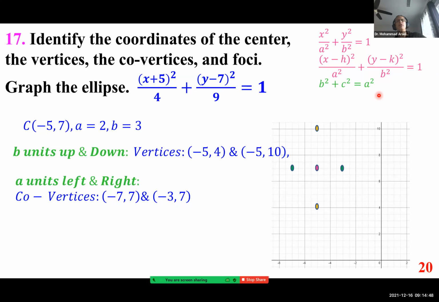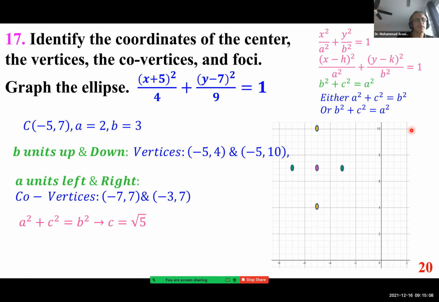Now, in this case, depending upon which one is largest, remember, it follows the Pythagorean theorem. As you can see, B is the largest. Therefore, A and B will interchange in this case. So it's important for everybody to know it follows Pythagorean theorem, but the largest one is on the right side in essence. So with that being the case, A squared plus C squared equals B squared, where A is 2 quantity squared.